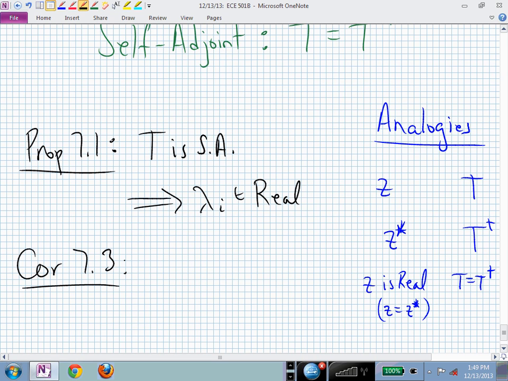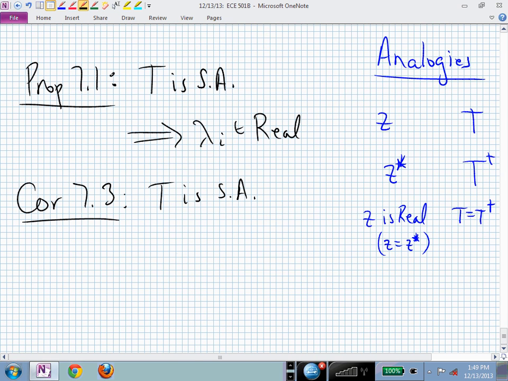Corollary 7.3, T is self-adjoint if and only if the inner product of TV with V is real, and that's true for all V in capital V. And now you can think of what that inner product does.